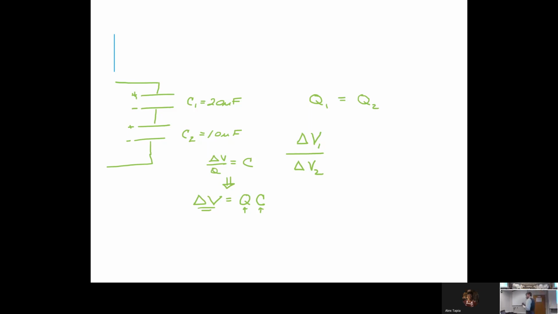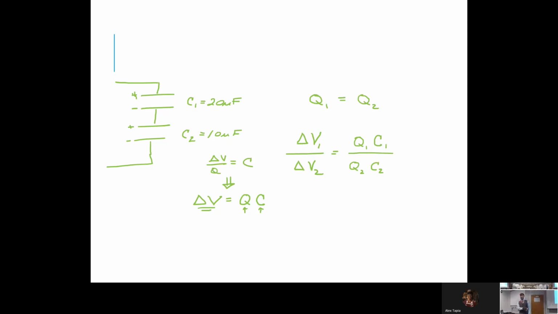So if I have twice the capacitance and I have the same charge, I should have twice the potential drop. And I'll go ahead and put it in here. Say V1 is equal to the charge on capacitor 1 times the capacitance. And I'll say Q, the charge on capacitor 2 times the capacitance. And then I say, oh, goody, goody.